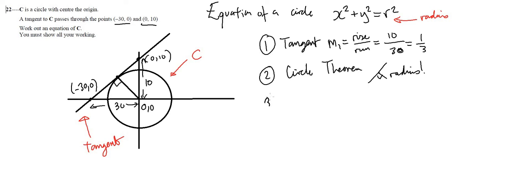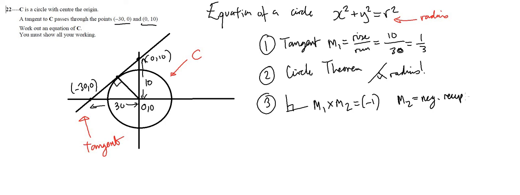So now we know that that's perpendicular, and if 2 lines are perpendicular, the gradient of the first line times the gradient of the second line is equal to -1. Okay, so the gradient of the second line is the negative reciprocal.